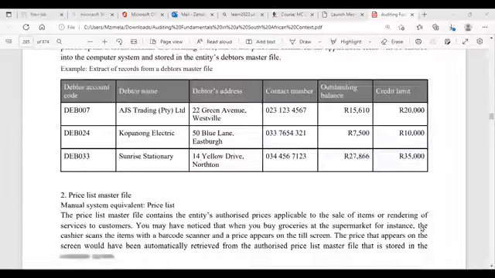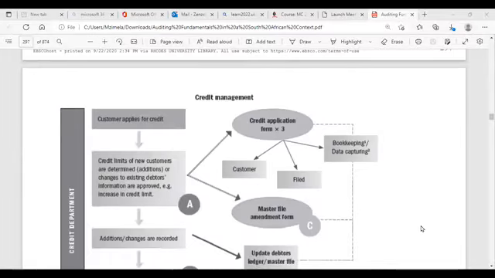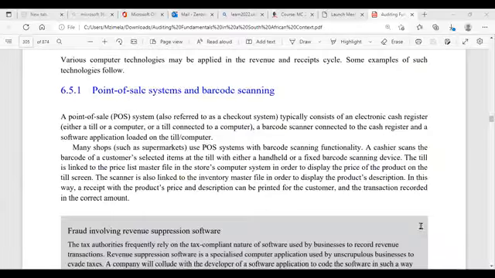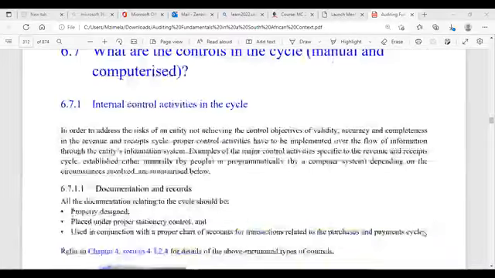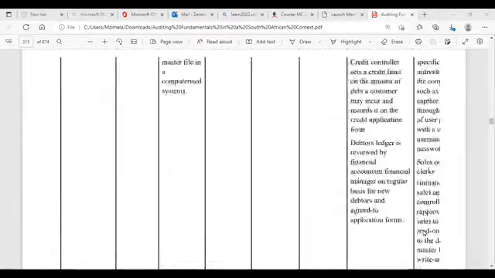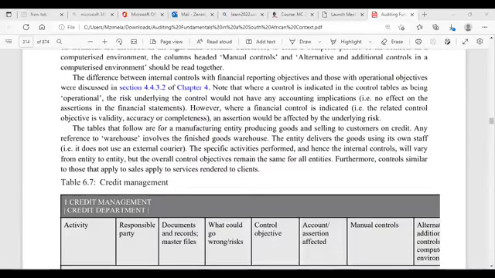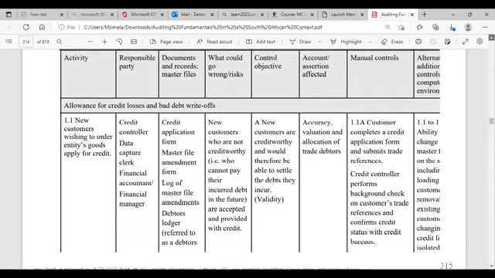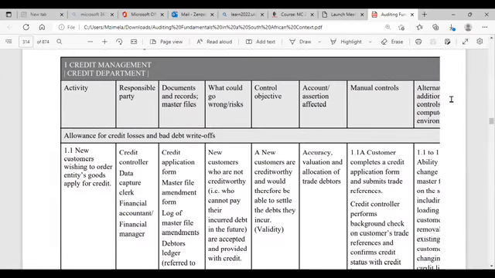Let us look at one control table, an internal control table, and see if we understand what is happening. Let us quickly look at credit management. In credit management, we know that's where we sell on credit. Then we've got columns.